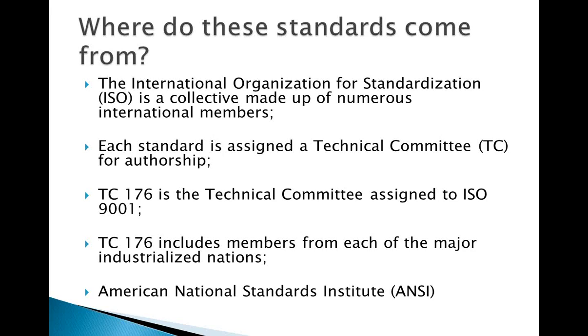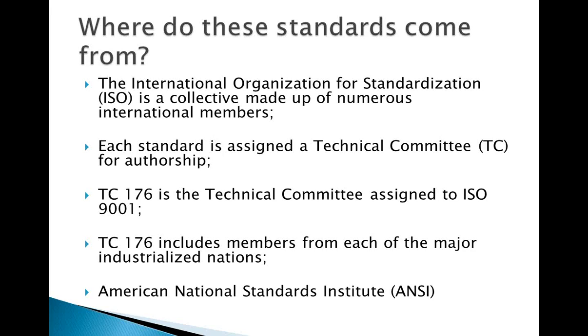Now each of those standards is written by and assigned to what's referred to as a technical committee, or TC. Now the technical committee assigned to ISO 9001 is TC 176. You may note that means that at the time ISO 9001 was initially written, there were already 175 standards that had been published by the ISO previous to that. So that gives you some idea of the scope of work that they've done in their existence.